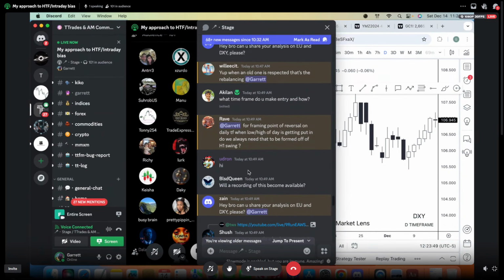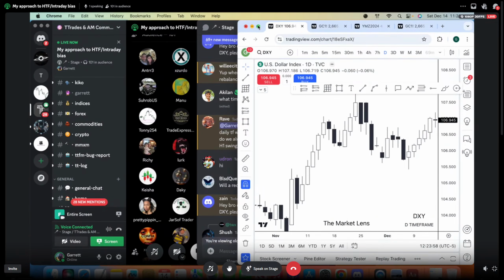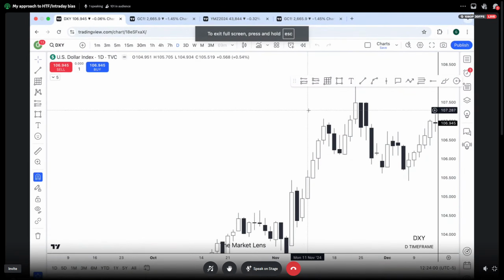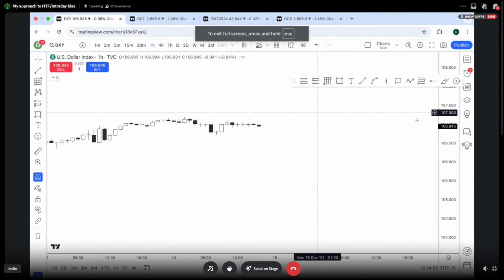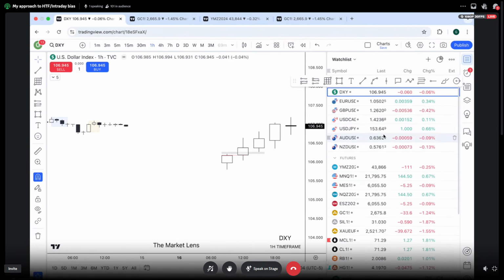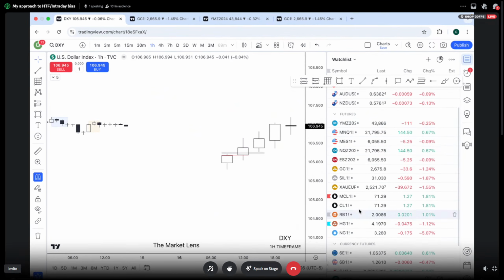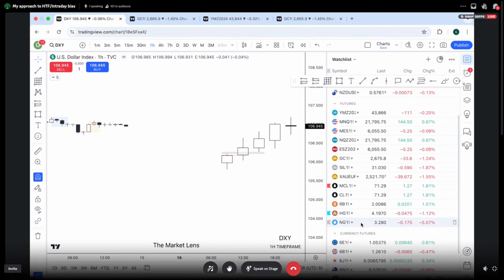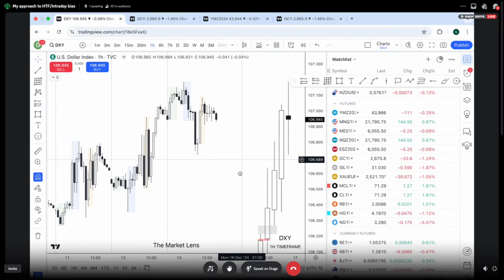If you just try to frame a bunch of 15-minute CSDs and stuff, you're going to get confused. You just revert to an hourly time frame. It's just so much easier. That's how I trade. That's why I'm able to trade not all these pairs, but as you see, I have a lot of watch lists, and I get plenty of trades, dude. I get a lot of trades a week, honestly.